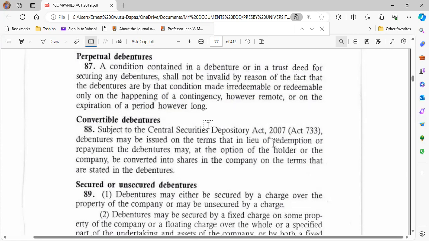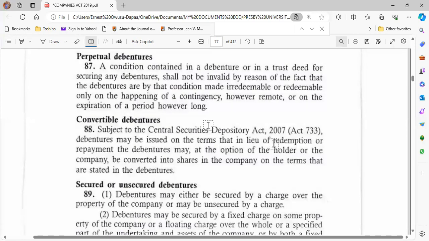But the debenture may be crafted in such a way that it is practically not redeemable, meaning that under no circumstance within a practical range of society would the debenture holder ever have to collect his money from the company in terms of redemption.